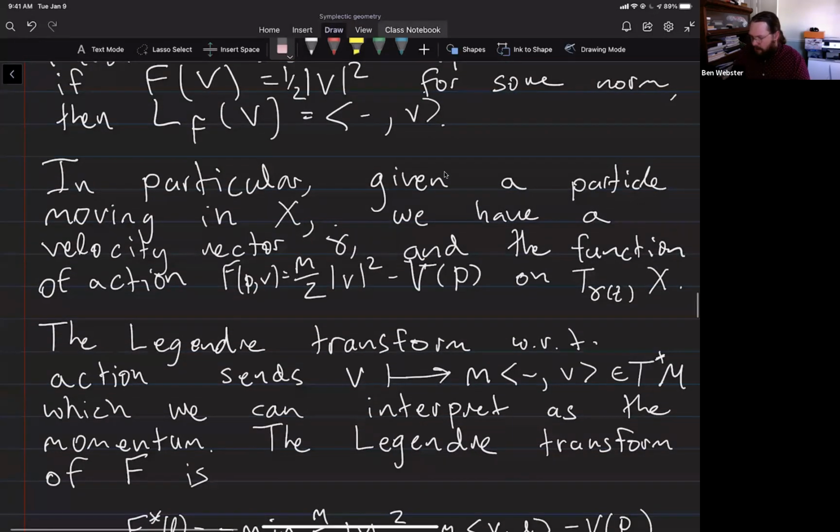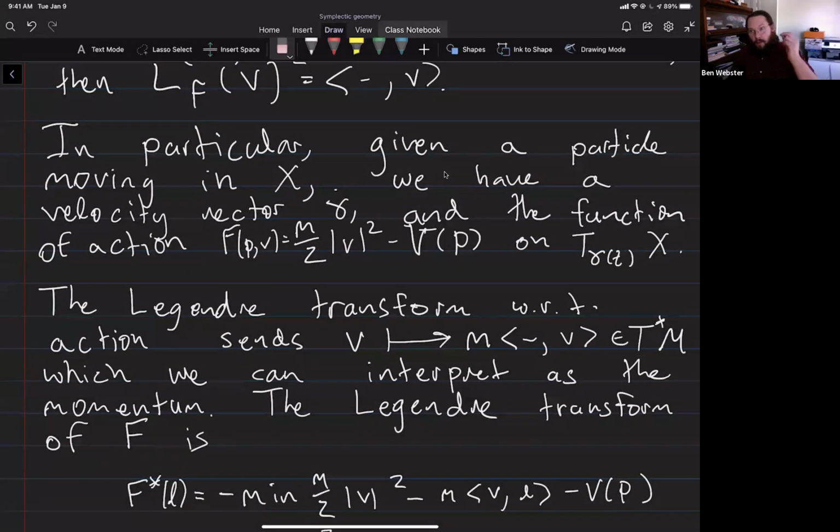And we're going to do the Legendre transform with respect to the action as a strictly convex function on each fiber. So, on each fiber, this is some constant plus norm squared times m/2. So it's a strictly convex function because norm squared is strictly convex.